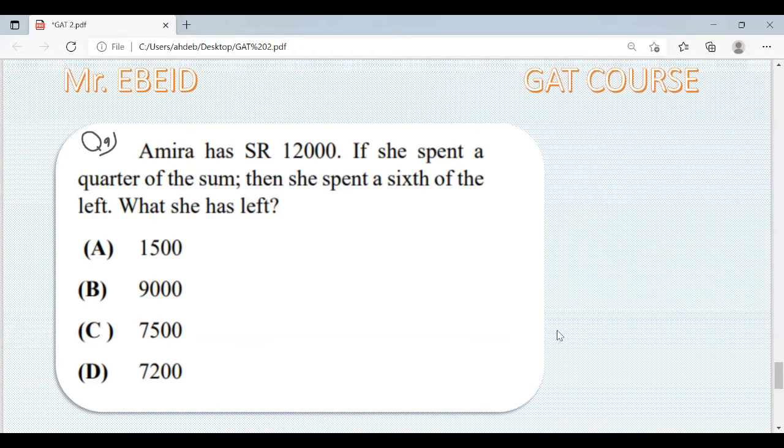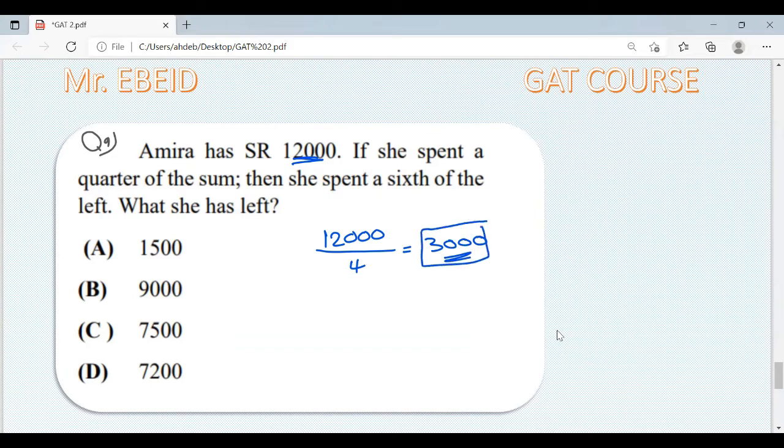If she spent a quarter of them, then she spent a sixth of the left. What is what she has left? Now she has 12,000. If you want to calculate a quarter of 12,000, it means divided by 4. It gives you 3,000. It means she spent 3,000, so she has left 12,000 minus 3,000, which equals 9,000.